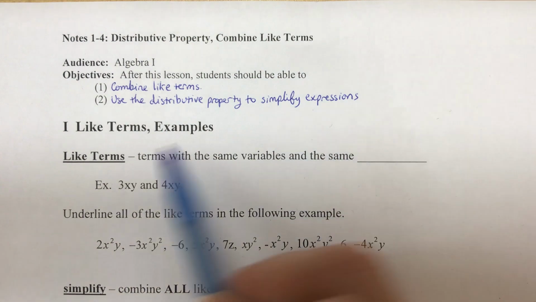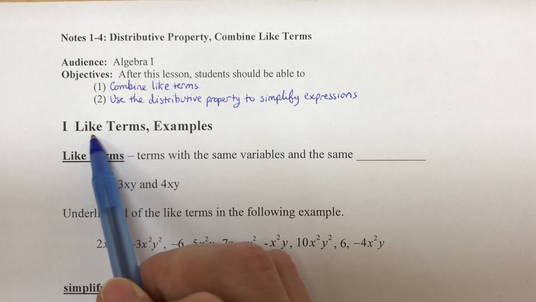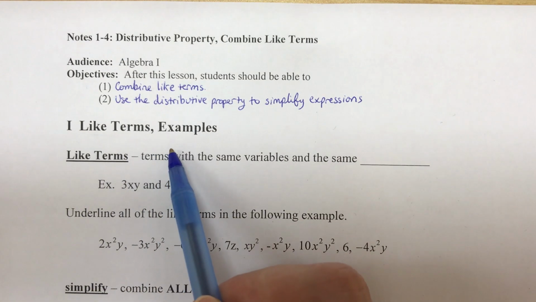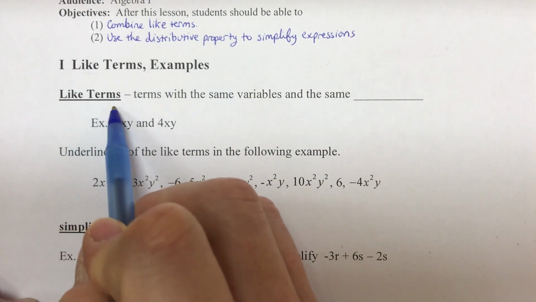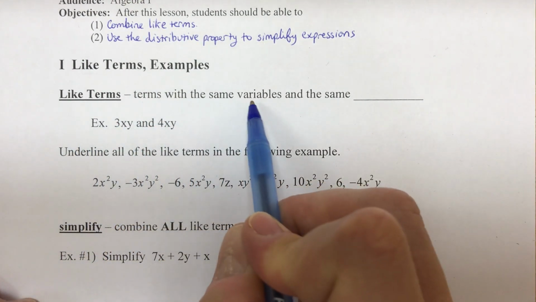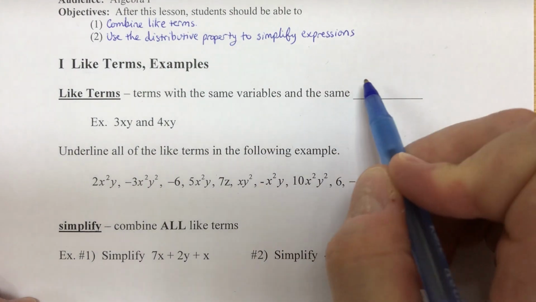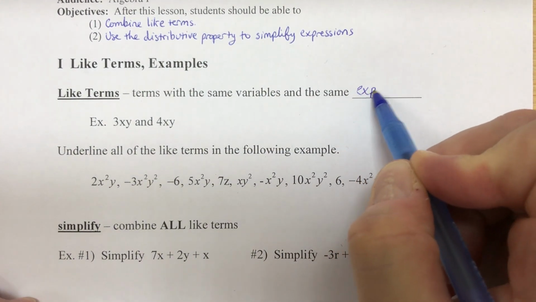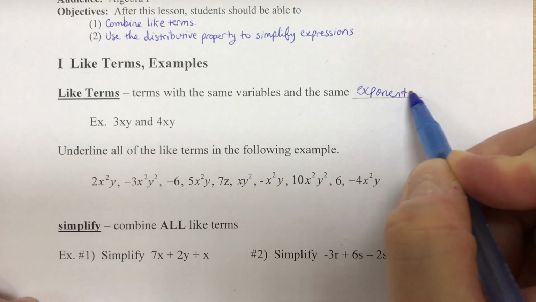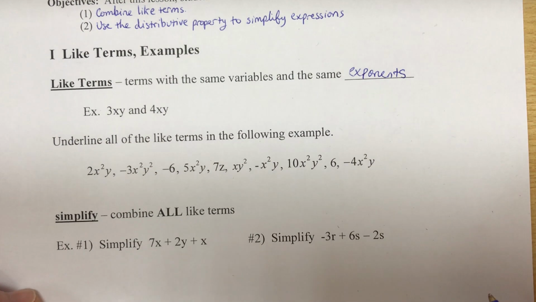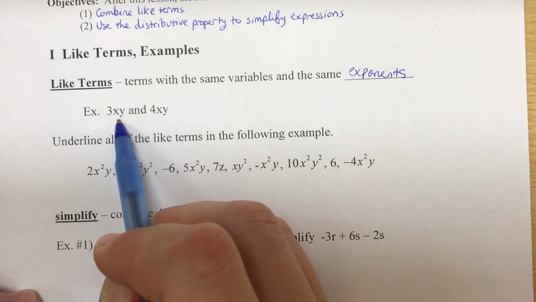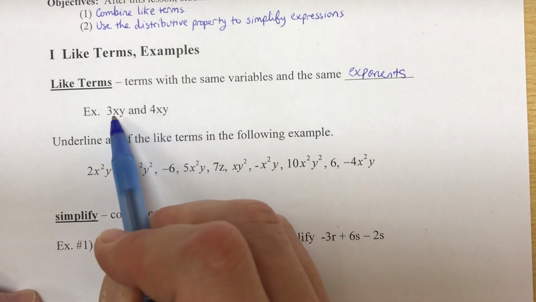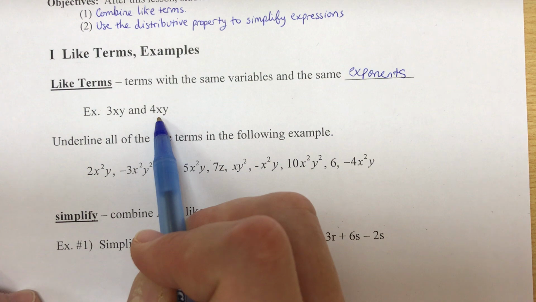Okay, so the first section is talking about what like terms are and a couple of examples. The idea of like terms is that they are terms with the same variables and the same exponents. An example of like terms is 3xy and 4xy.